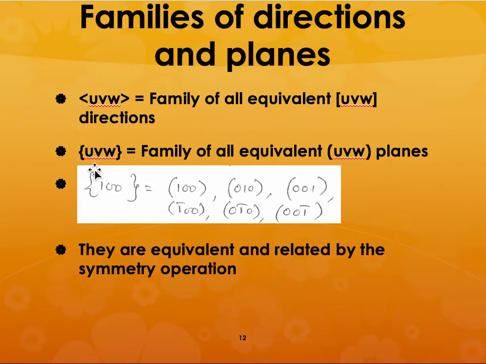And squiggly bracket UVW is the family of all equivalent simple bracket UVW planes. So for example, if it is a 100 plane, the family of all planes is 100, 010, 001, 1 bar 00, 0 1 bar 0, and 00 1 bar. So they are all equivalent and related by the symmetry operation.